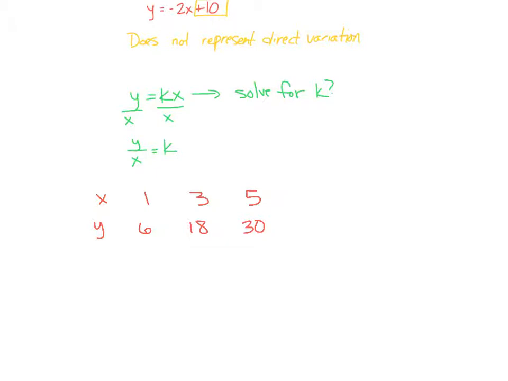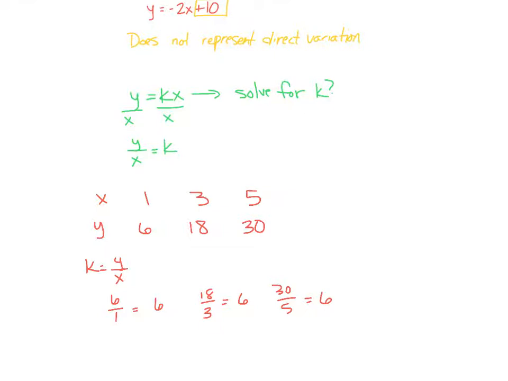We want to find the constant to see if each relationship is a direct variation. Remember, k equals y over x. So 6 over 1 is 6, 18 over 3 is 6, and 30 over 5 is 6.